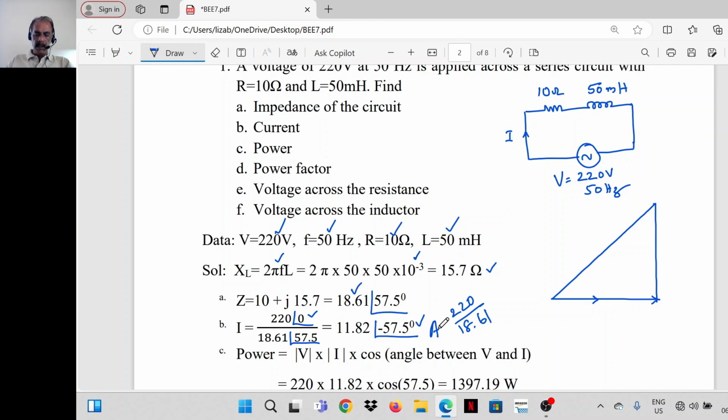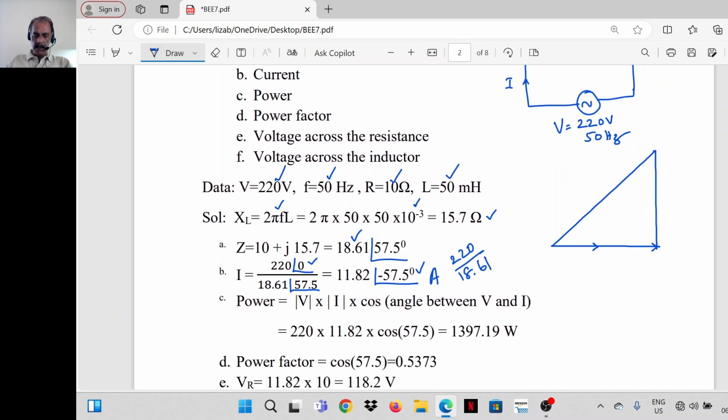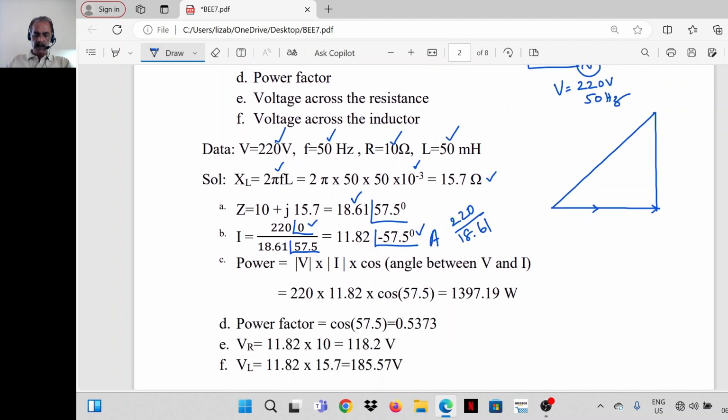Okay, the next part is to find the power consumed by the circuit. So power is equal to VI cos phi. In AC circuits, the equation for power is VI cos phi. So in this, V is the magnitude of the voltage, I is the magnitude of the current, into cosine of the angle between V and I, phi.